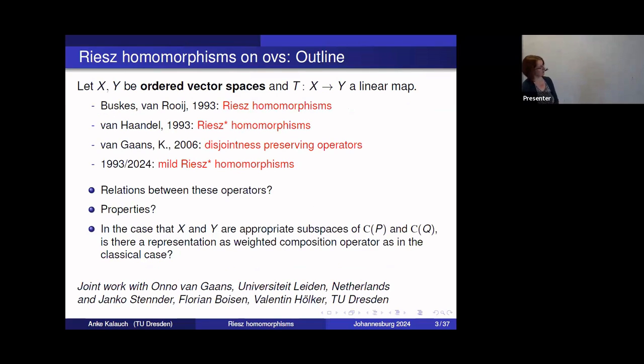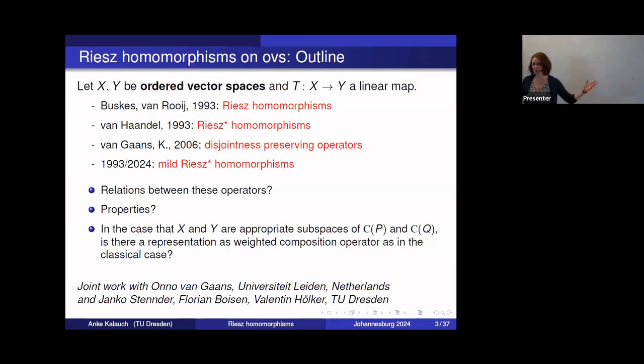In the 90s, Buskes and van Rooij gave a certain notion, Riesz homomorphisms, and van Haandel as well, Riesz* homomorphisms. In 2006, we started the disjointness preserving operators with a colleague of mine, Onno van Gaans from University of Leiden. And some observations of van Haandel had some gaps which we could fill very recently in a work last year.